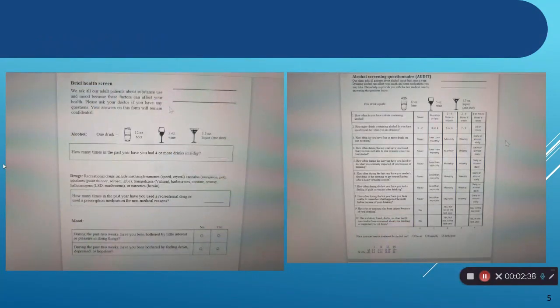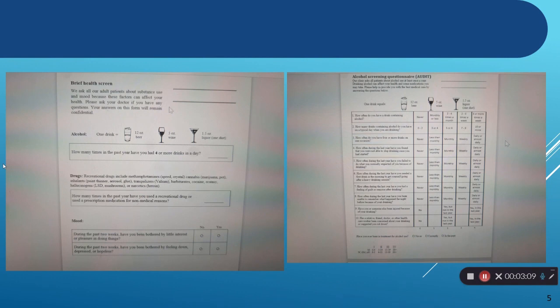This is an example of the screening forms. As I said, AUDIT is for alcohol use. And depending on the scores on the 10 questions, on a scale of 0 all the way up to 24 plus, they can score mild to severe. And on the brief health screening form, all you have to do is answer yes to just one of the questions.